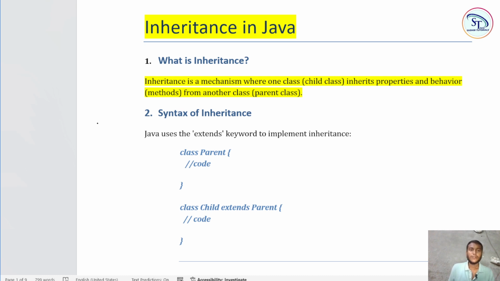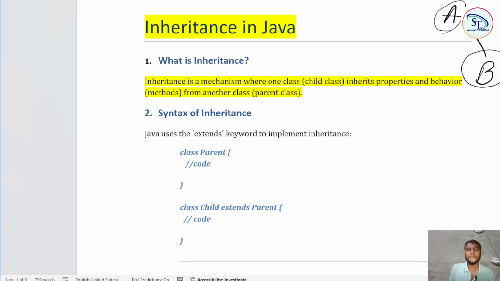So for example, if there is someone's father A and there is a boy named B. If A is B's father, then there are some chances that B will inherit some properties from his father.